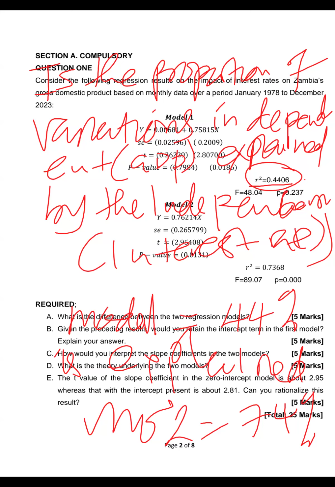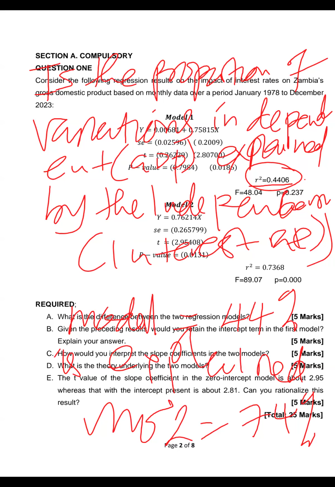So Model 2 is reliable because you don't want a model that can't explain the variations in the dependent variable. If anything, a model should be able to explain 100%, but it is not practical. It's not there in real life. There is no model that can explain 100% of variations.